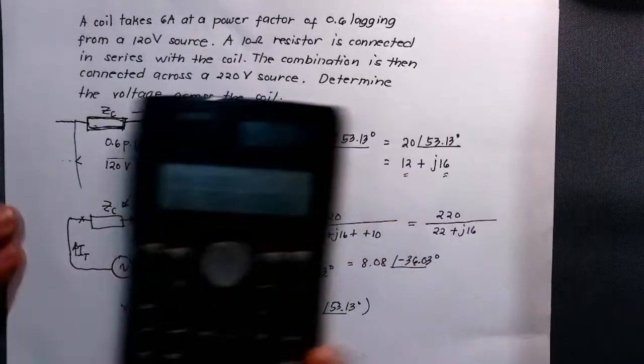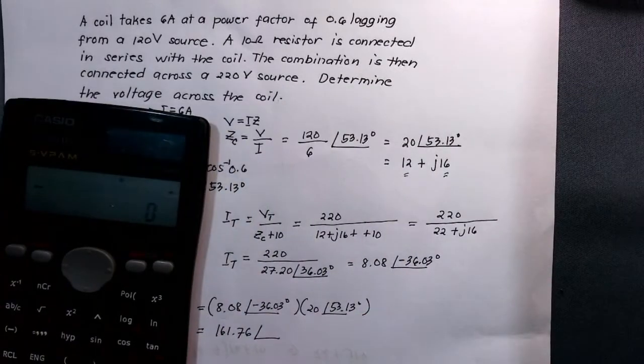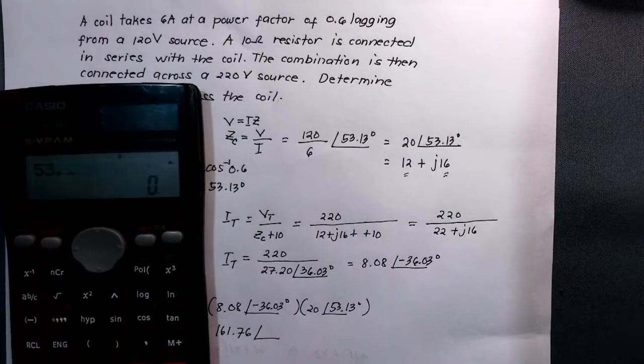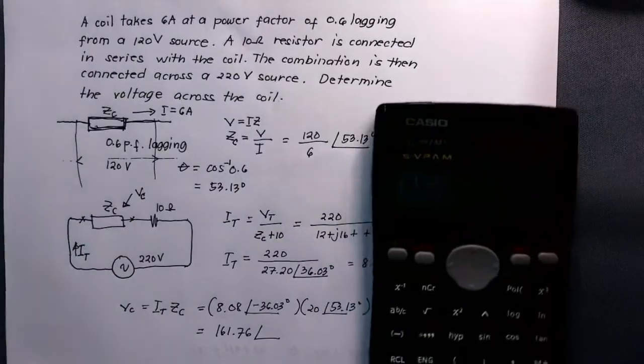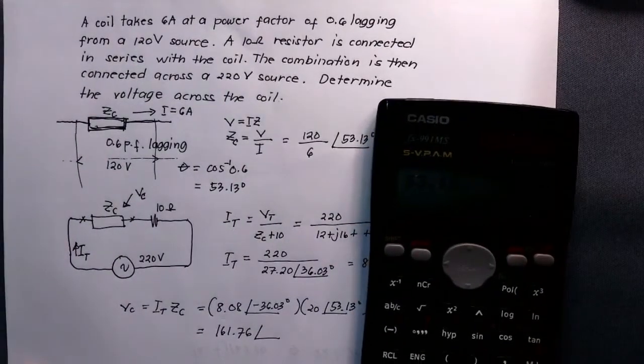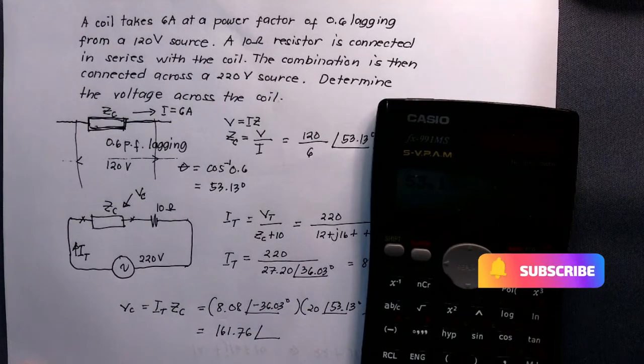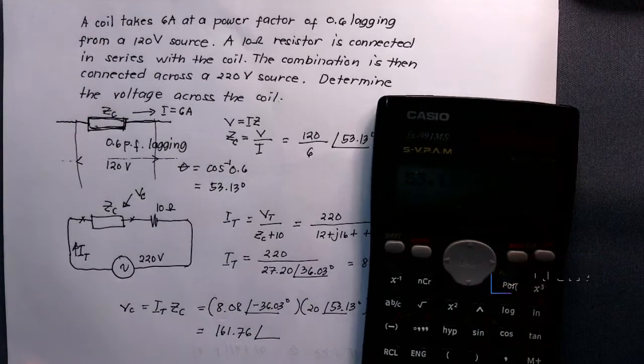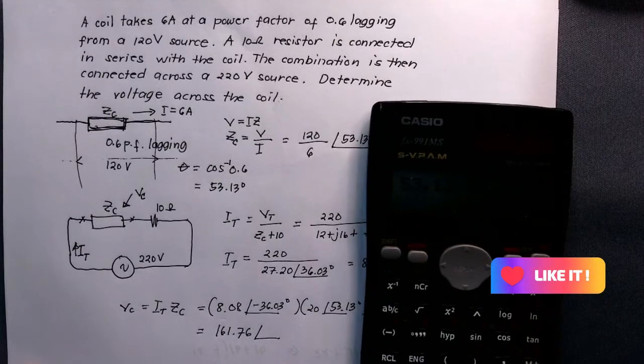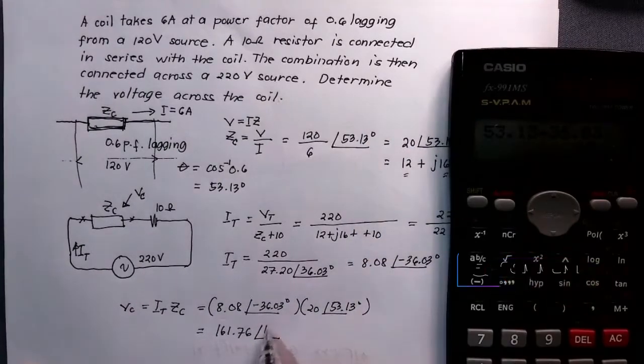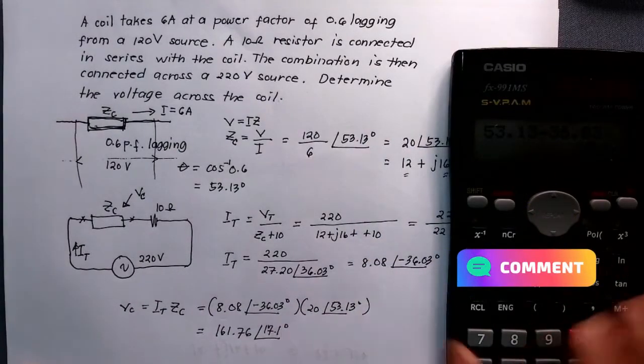For the angle, you just add the angles, so you have 53.13 plus negative 36.03, which gives us 17.1 degrees.